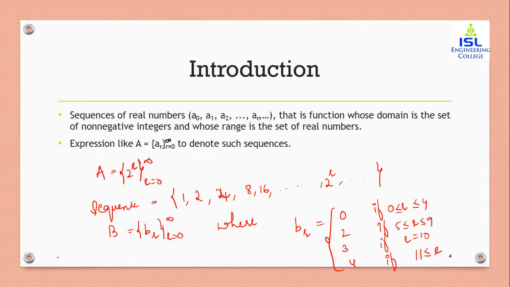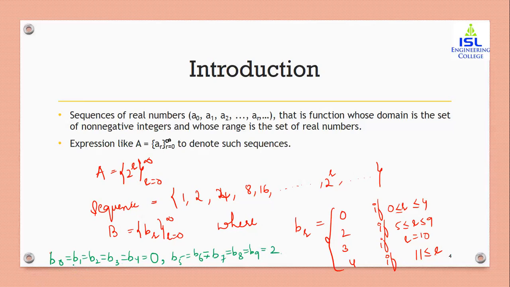It can be written as, let me write it over here, b0, b1 till b4 will all be equal to 0. So b0, b1, b2, b3, b4 is 0. After that, what about b5 to b9? They're all equal to 2. b5, b6, b7, b8, b9.